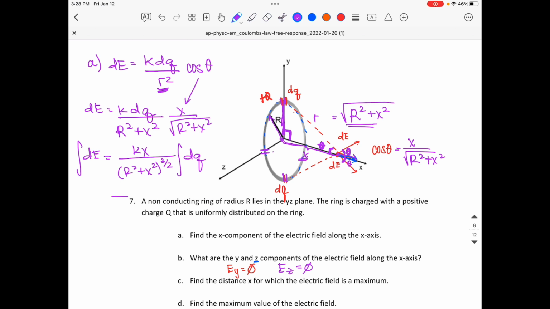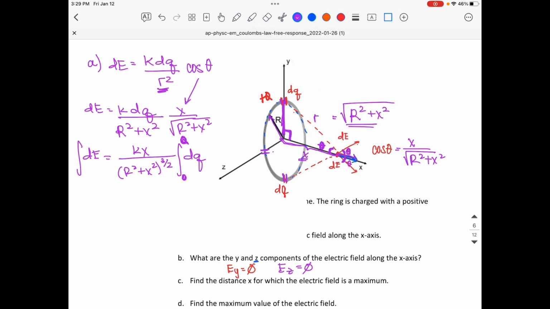And since I don't have any q's in my function, then I can integrate from 0 to the total net charge of my ring, which is q. Then I end up with E is equal to kx over r squared plus x squared to the 3/2 of the integral of dq from 0 to q.